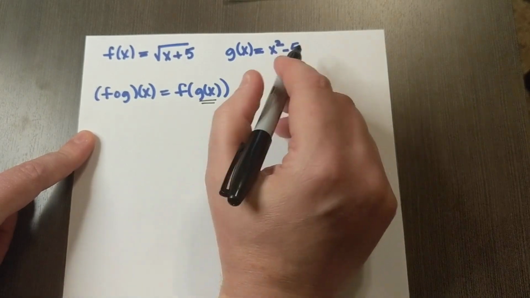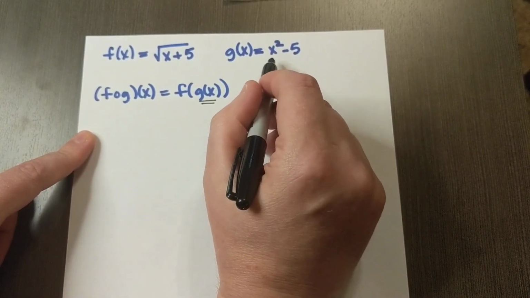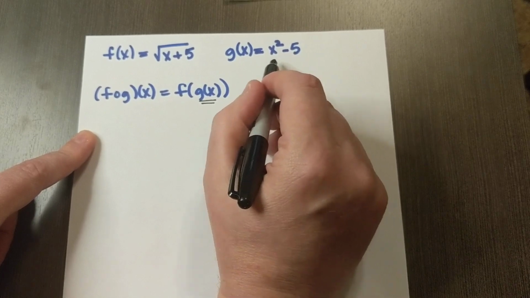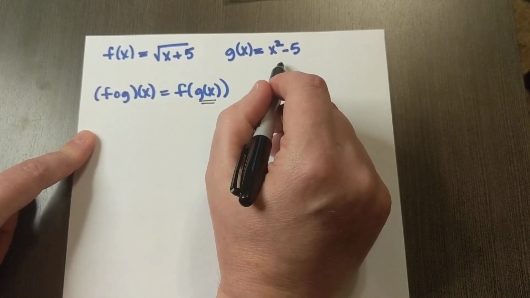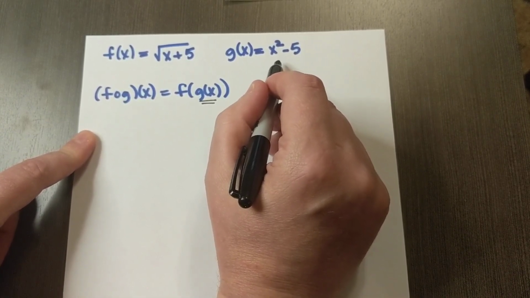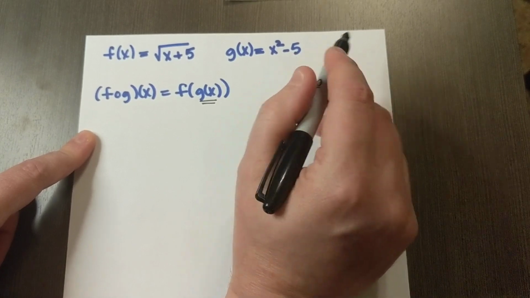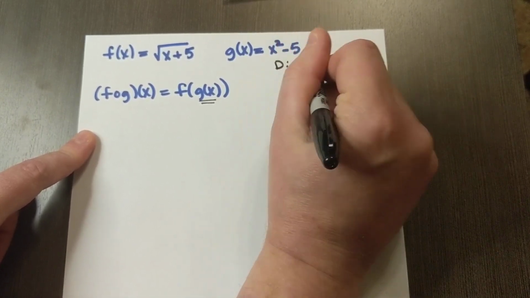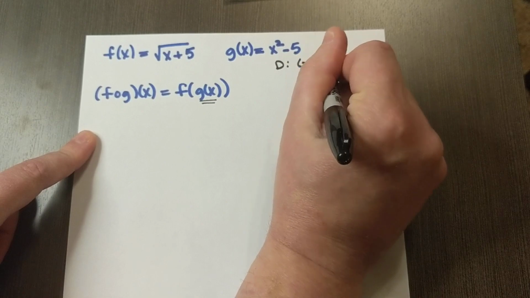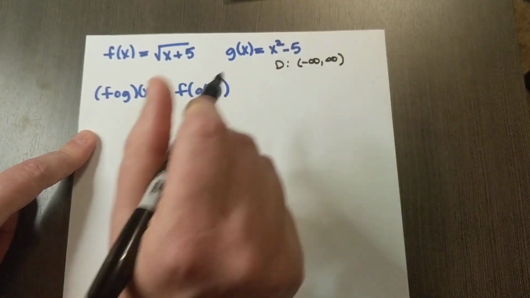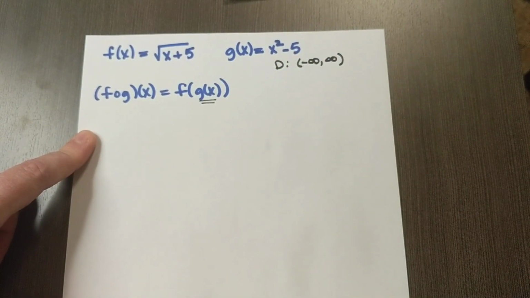Here we do not have any denominators or fractions, and we do not have a square root for g of x. So the domain would be all real numbers. Every number we plug in will work and be valid with the function g of x.